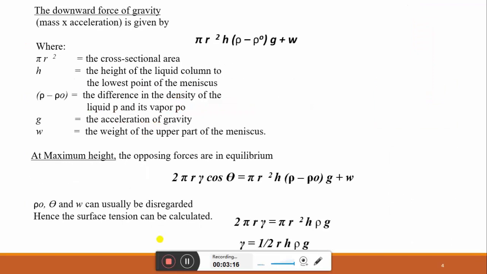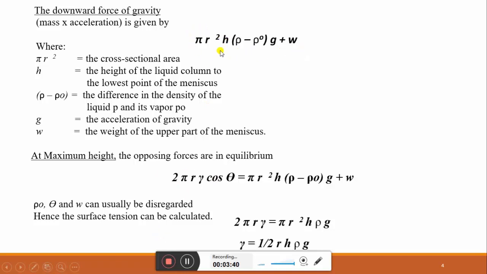Same as the upward force, there is also a downward force. The downward force will restrict or govern the movement of liquid. If we consider the downward force of gravity, equal to mass into acceleration, it can be given by pi r square h (rho minus rho 0) g plus w.